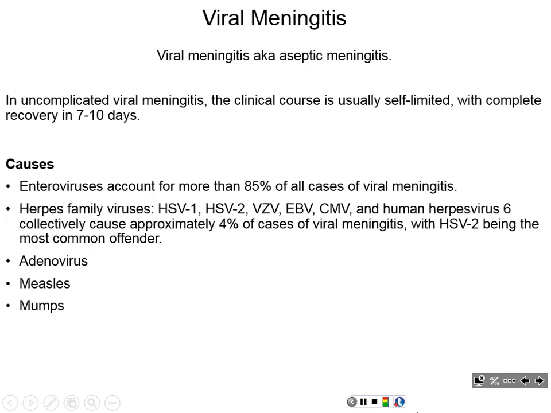The next biggest group is going to be herpes viruses. And here we're going to be talking mostly about HSV2 as the common offender. And for those of you that don't have this memorized yet, HSV2 is the genital herpes. May also be adenovirus, measles, mumps, but these are less common because, well, measles and mumps are less common.